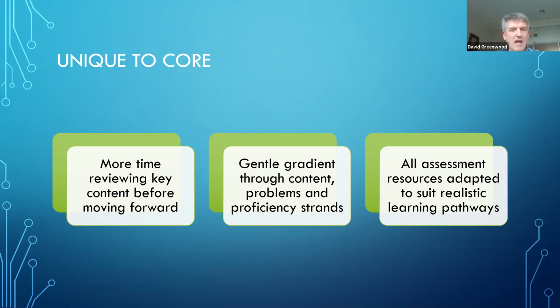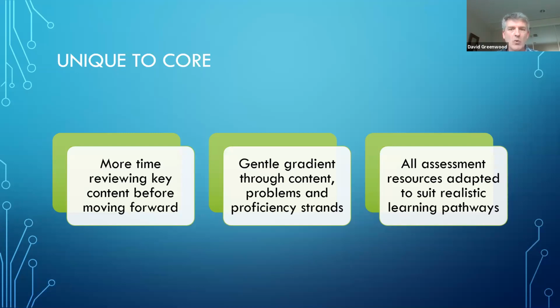The sections are more spread out, if you like. There are more sections allocated to each content descriptor of the Australian curriculum, and therefore there's more of a gentle gradient covering the Australian curriculum through the content descriptors.